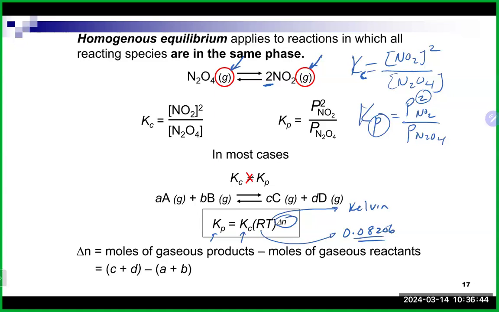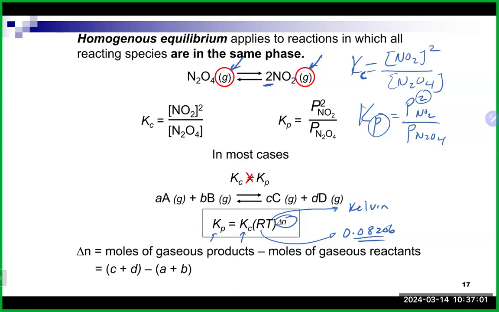So this is a way that you could go from the Kp to the Kc and vice versa. The delta N should be our products minus our reactants in terms of the gas molecules, and that's important.